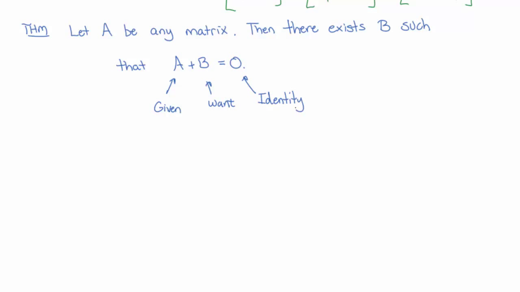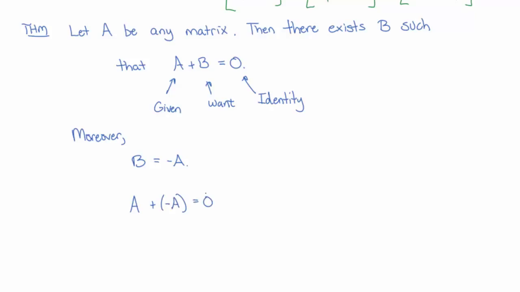And of course, everybody's probably screaming right now saying, well, I already know what B is. It's just going to be negative A. So a cleaner way of writing that is that A plus a negative A will equal 0.